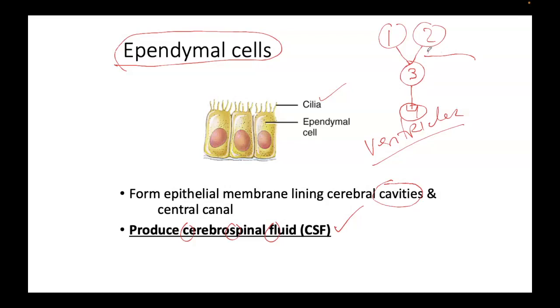And these are drainage ducts. Think of them as that. This is called the foramen of Monro, and this is called the cerebral aqueduct.